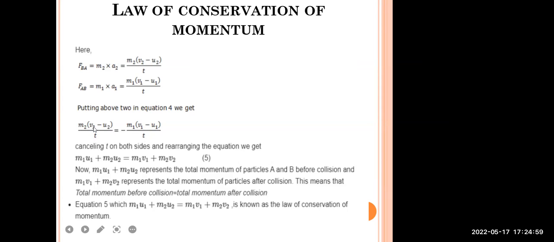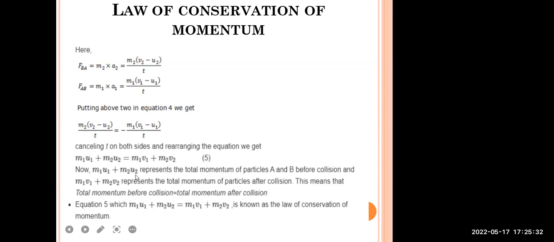Now, if you multiply this inside and take the U1 term to the left side and the V1 term to the right side, you get M2V2 minus M2U2 equals minus M1V1 plus M1U1. The M1U1 term is in minus on the left side, so if you take it to the right side, it will become plus. If you solve this, you will get this.